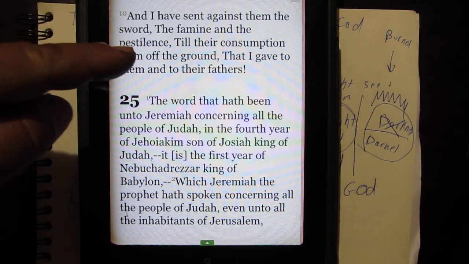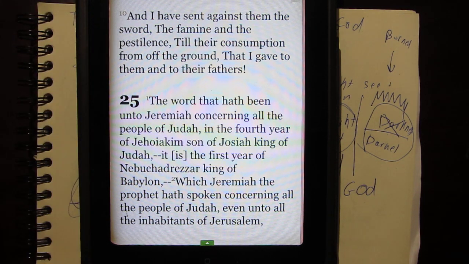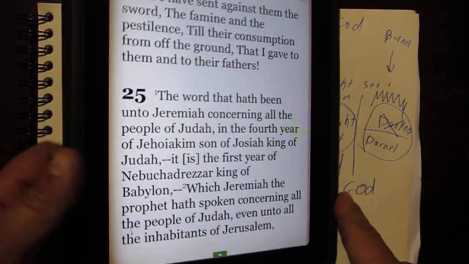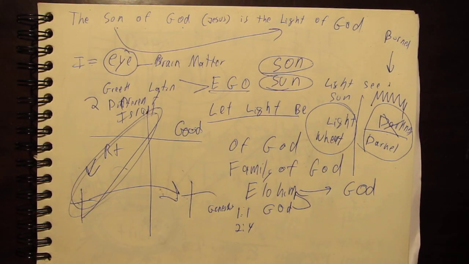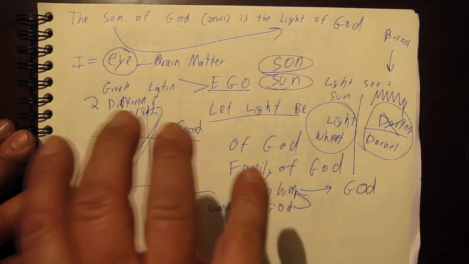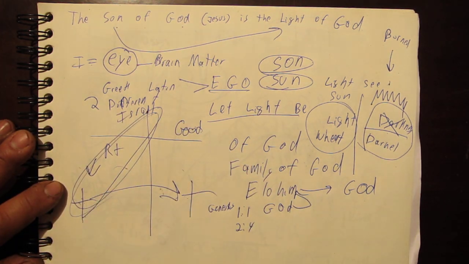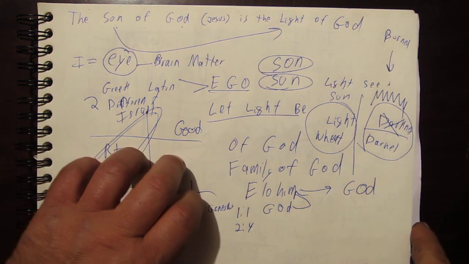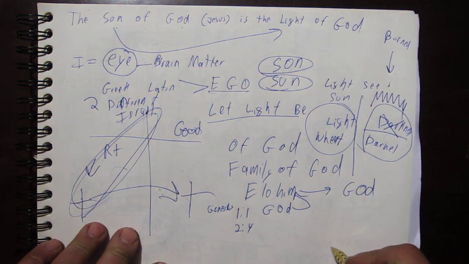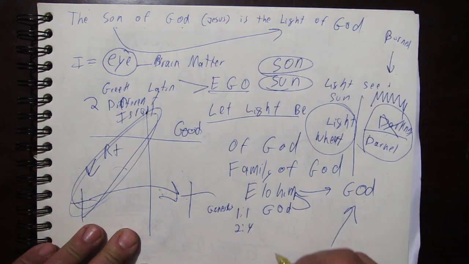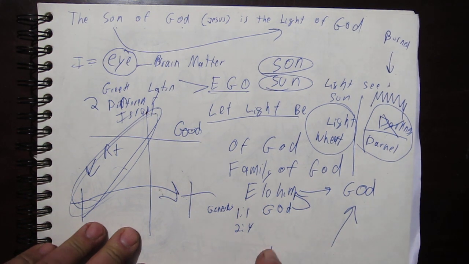These are those that remember their name. The Israel of God now is revealed through the Son. The King of Israel, Son of God, is Jesus. He is the light of God. He is from above. Everybody else is from below.